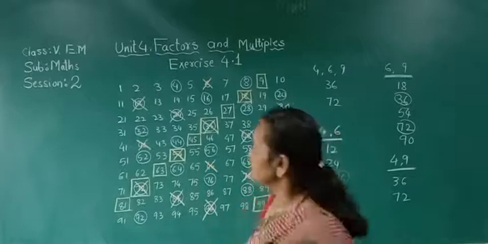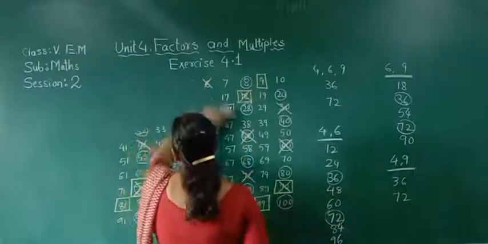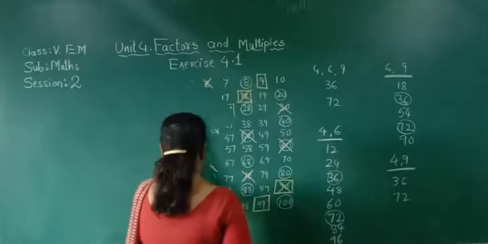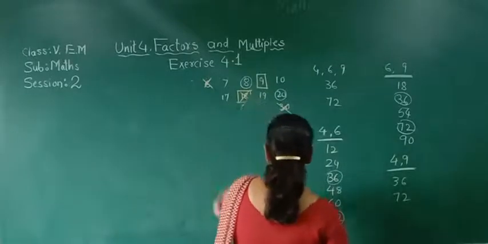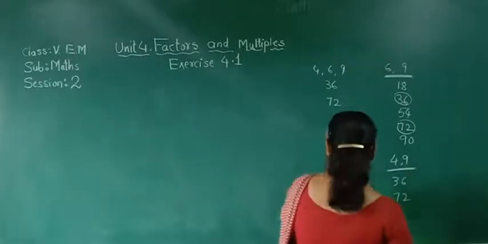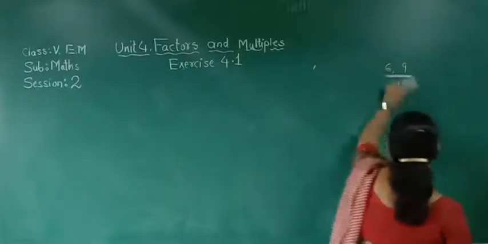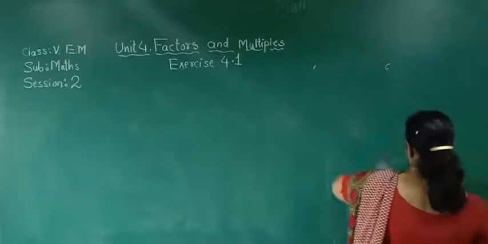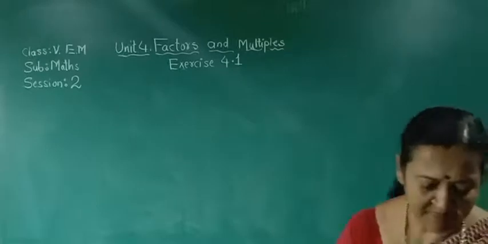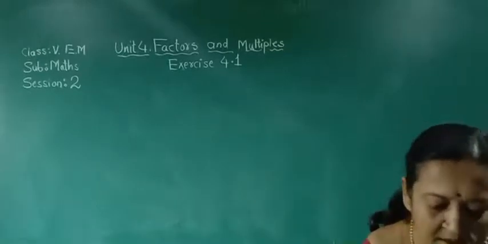Then let me go to second main question. Here second main question, circle the multiples of 7 in the following numbers.